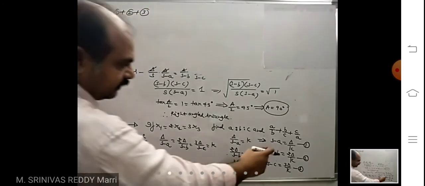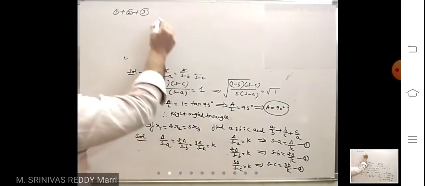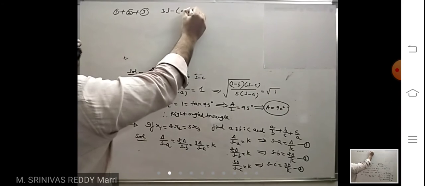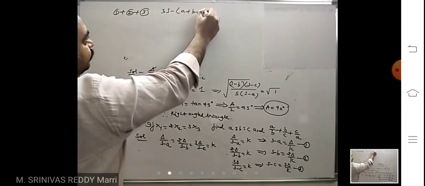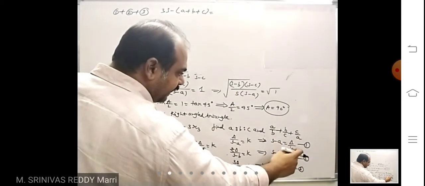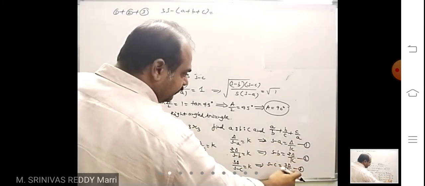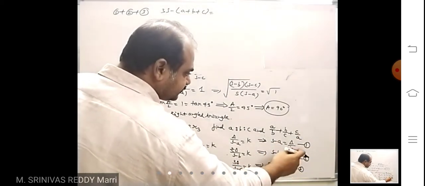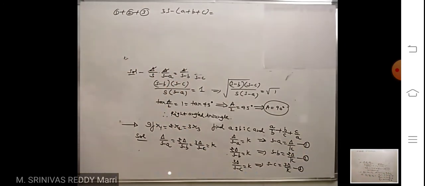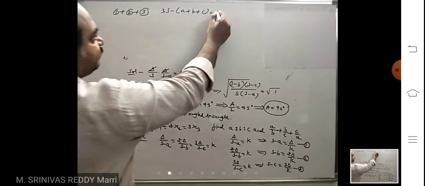So this plus this means 3s minus of a plus b plus c. This is nothing but delta by k plus 2 delta by k plus 3 delta by k. That means delta plus 2 delta plus 3 delta, how much? 6 delta. 6 delta divided by k.